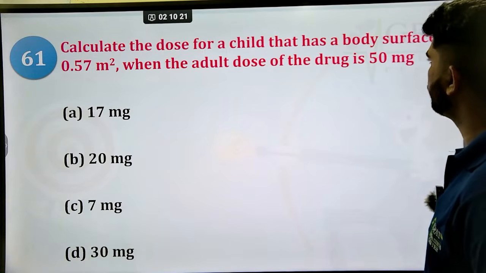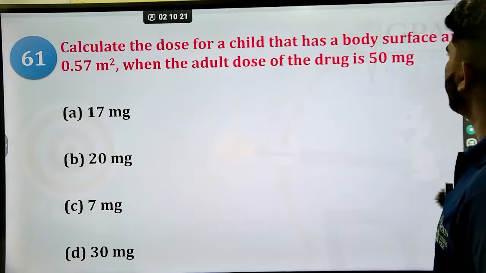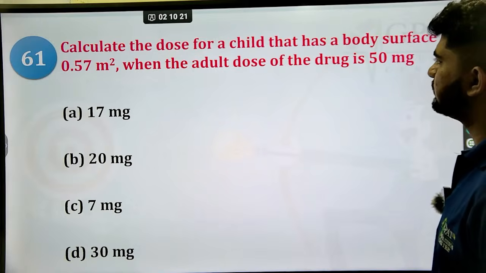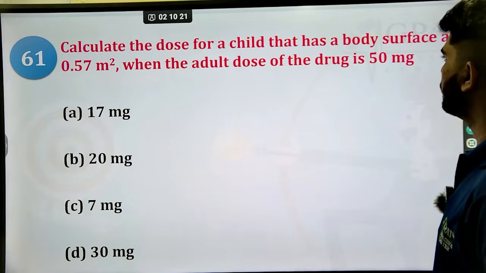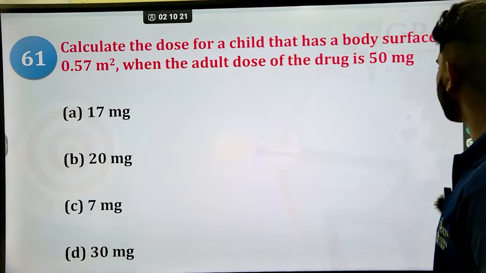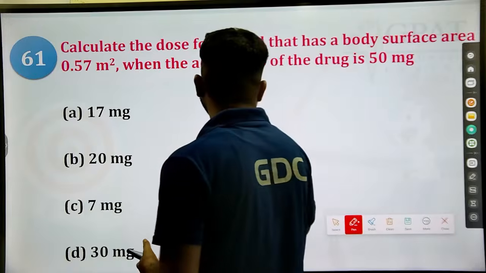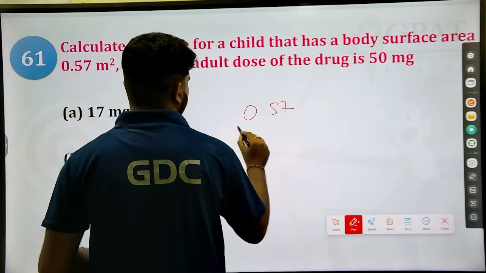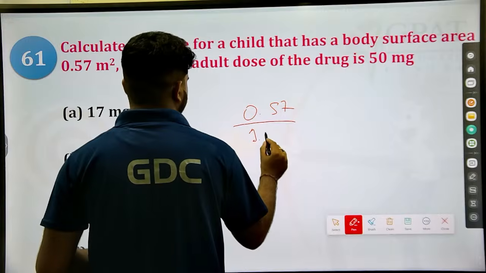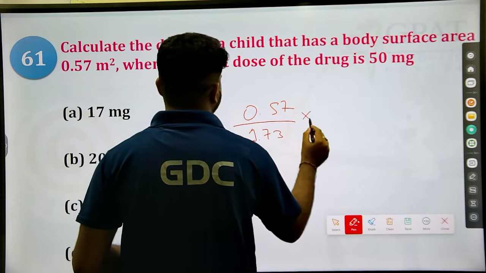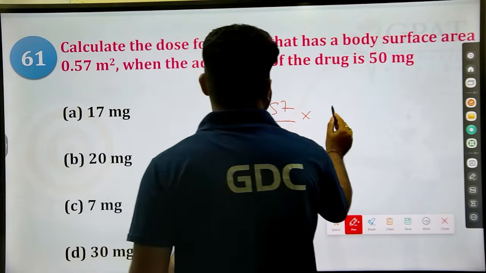Okay, calculate the dose of a child who has a body surface area of 0.57 meter square when the adult dose of the drug is 50 mg. So 0.57 upon 1.73 into 50 mg, right?